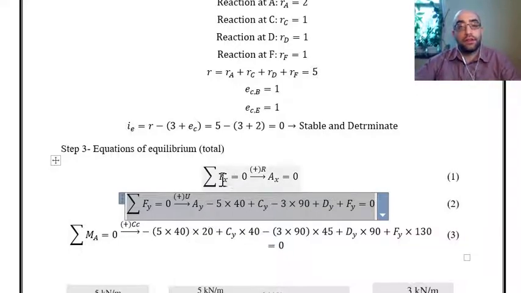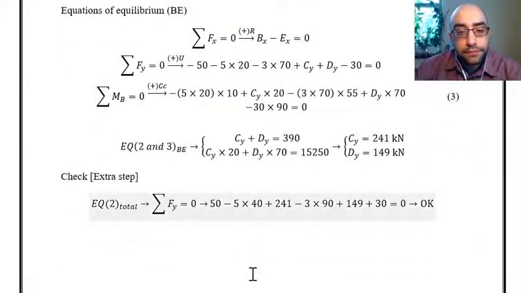When I was writing the equations of equilibrium for the total beam, I'm going to just put the values that I calculated from previous steps into this equation and see if the final value is equal to 0 or not. I did it over here, and as you can see, putting the values that we calculated in the earlier steps will give us 0 at the end, which means that our calculation was correct.